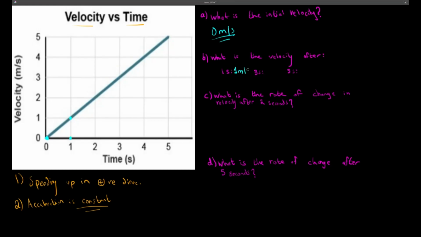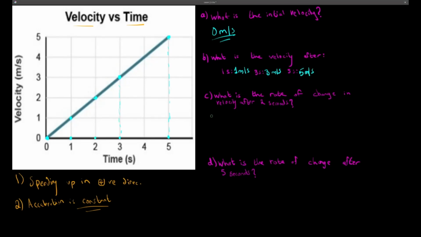Velocity after 3 seconds, we look up here and we find it at 3 meters per second. And at 5 seconds, we look up and we see that it's at 5 meters per second.